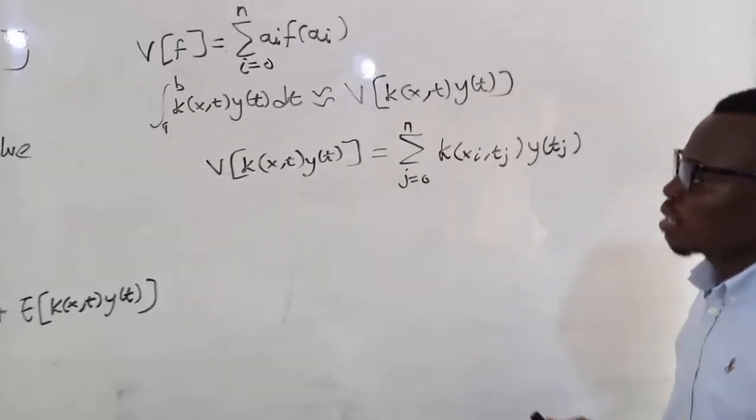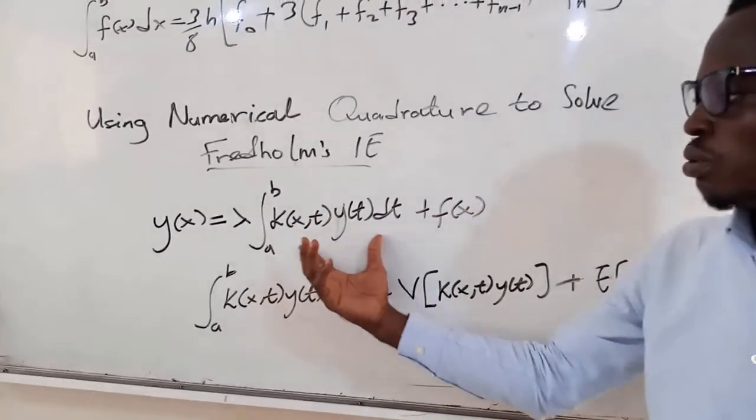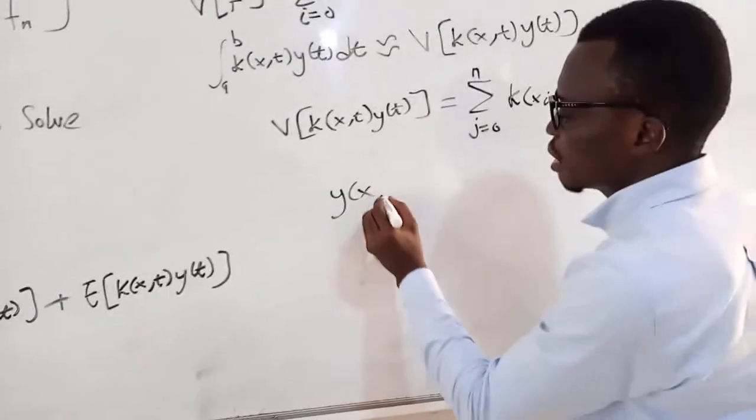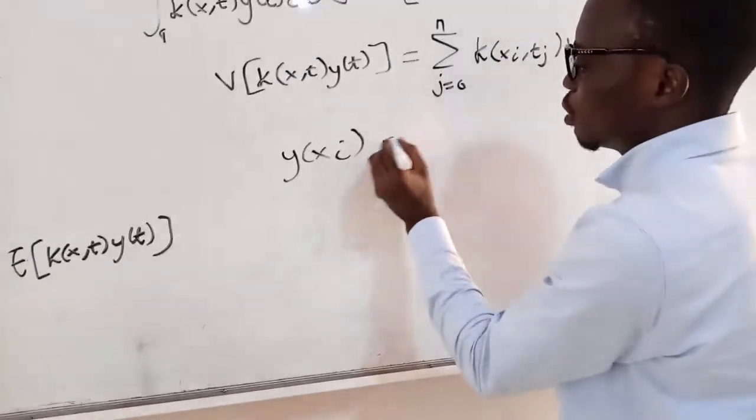Now we can easily substitute this into the Fredholm integral equation. Replacing the integral, our s becomes s_i, indexed with i, multiplied by lambda.